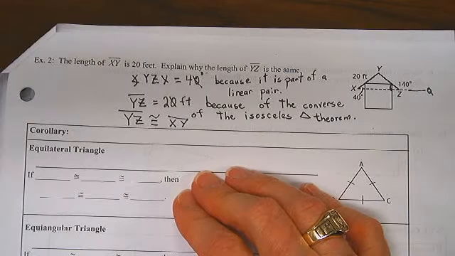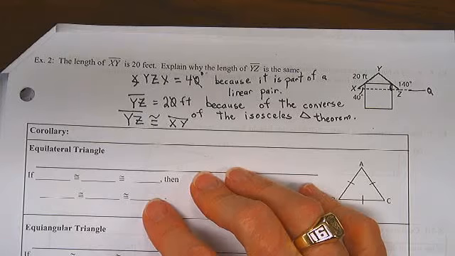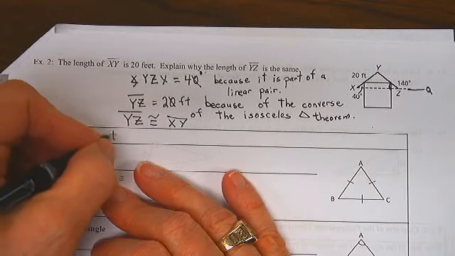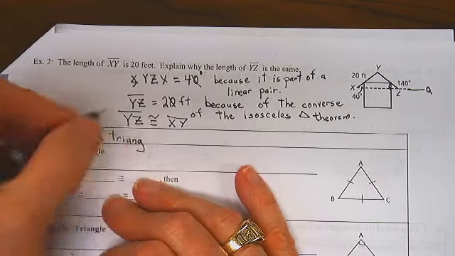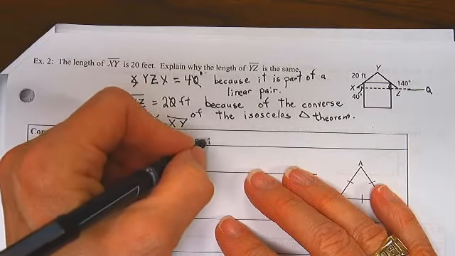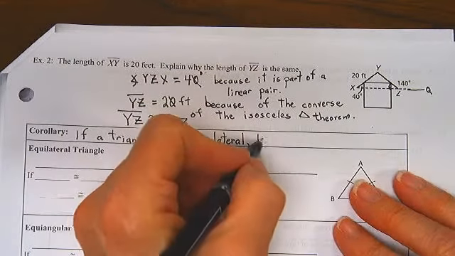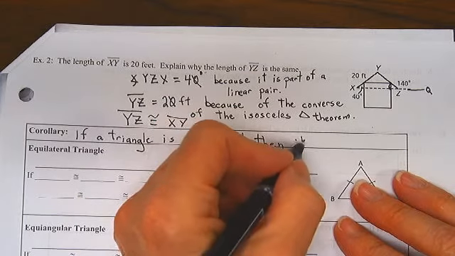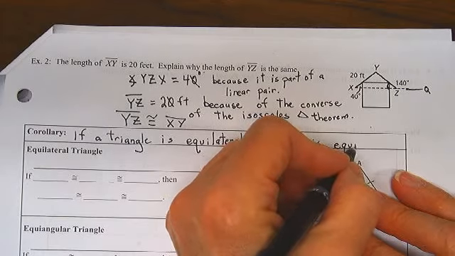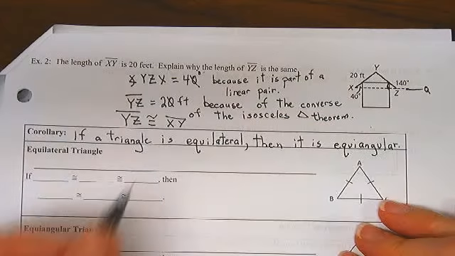Okay, so now what? What else do we have? Well, we have a corollary, and the corollary says that if a triangle is equilateral, then it is equiangular. What does that mean?